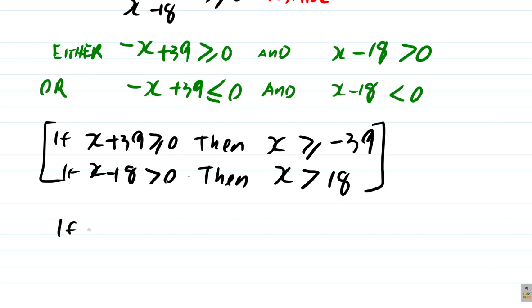Now, if it is the case that negative x plus 39 is less than or equal to 0, then what happened? I messed up the then here.